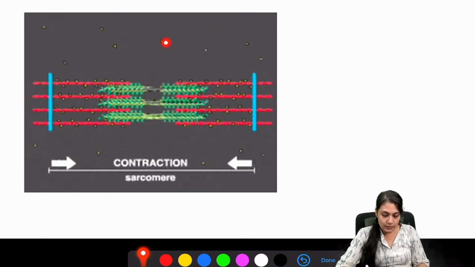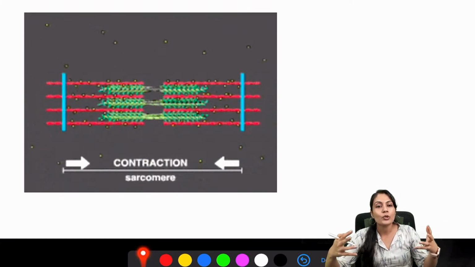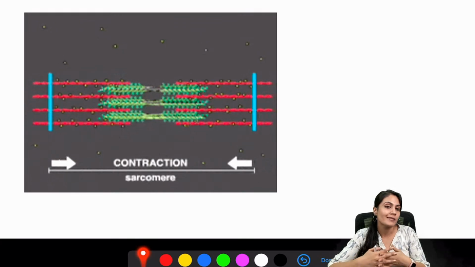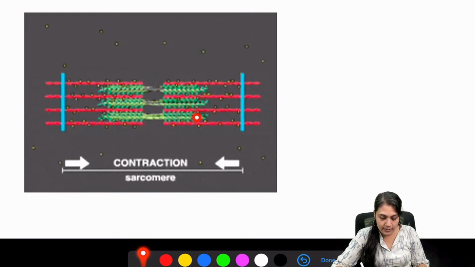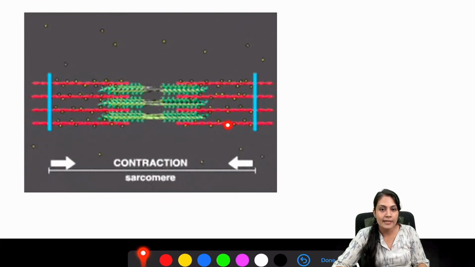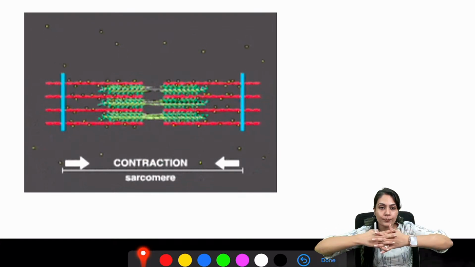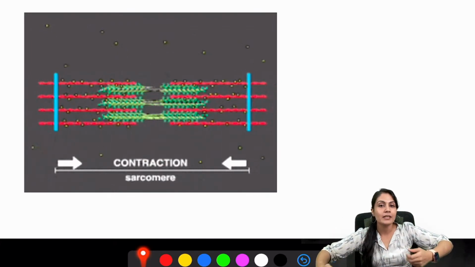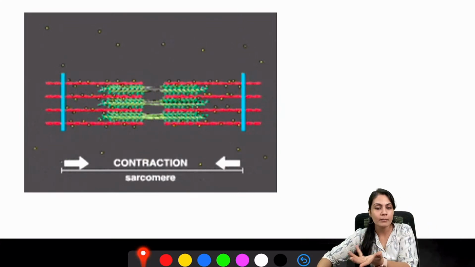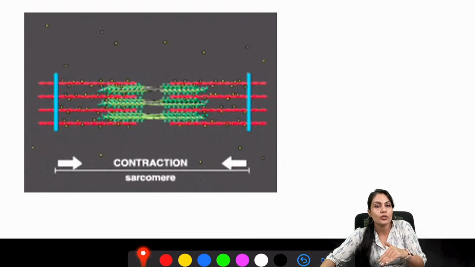So you can see these molecules. What are these? These are calcium, and they are going to cause the contraction in the muscle cells, right? And these are the myosin fibers which are present in between, and these red ones are the actin. They start to slide over each other, and that is nothing but the sliding filament theory, because it looks as if two filaments are sliding over each other.